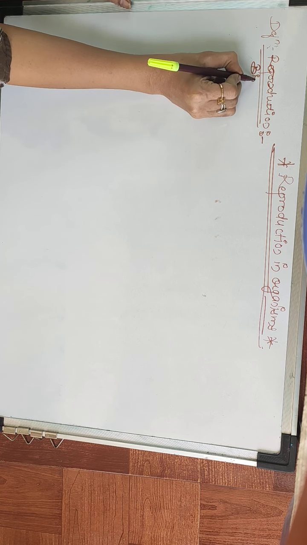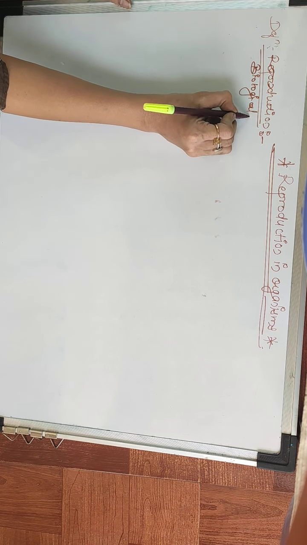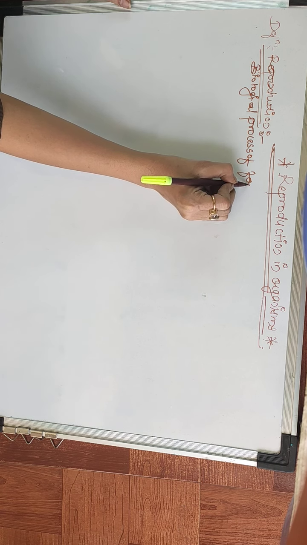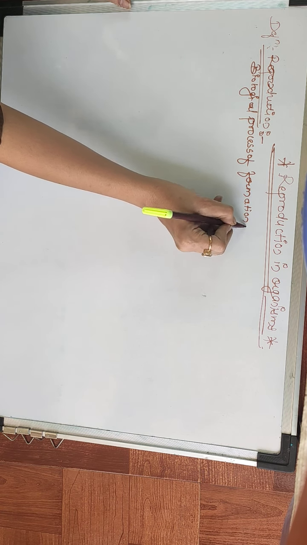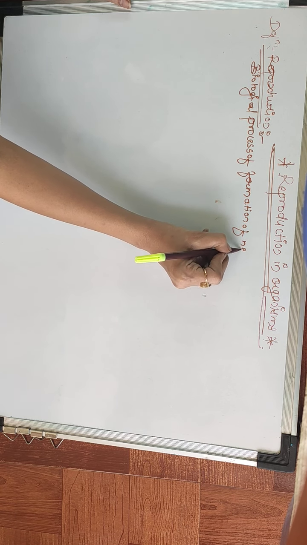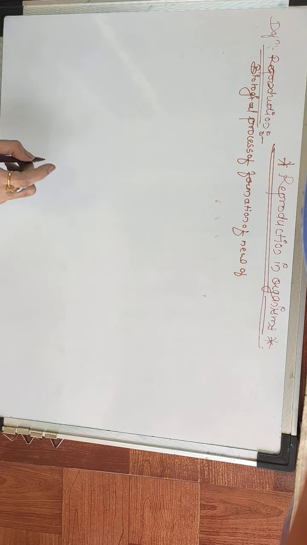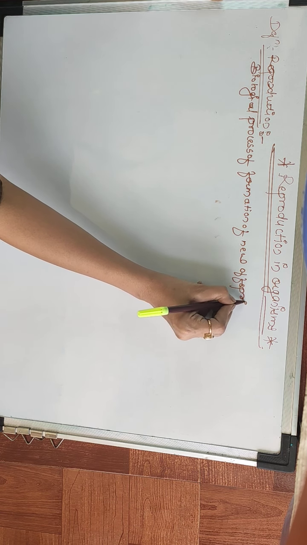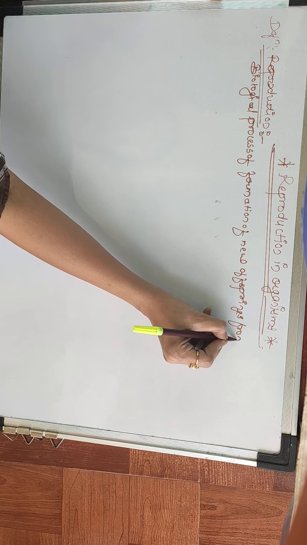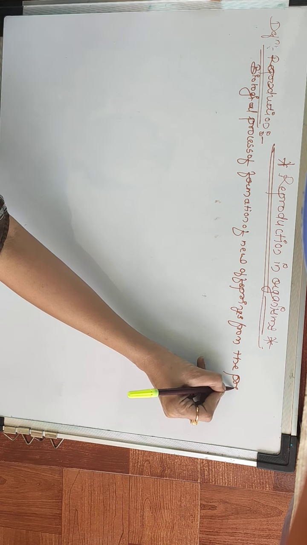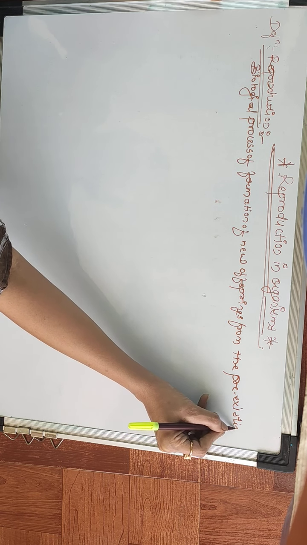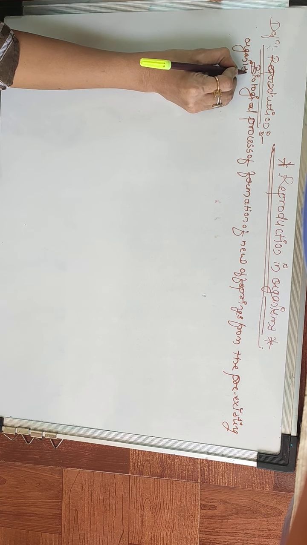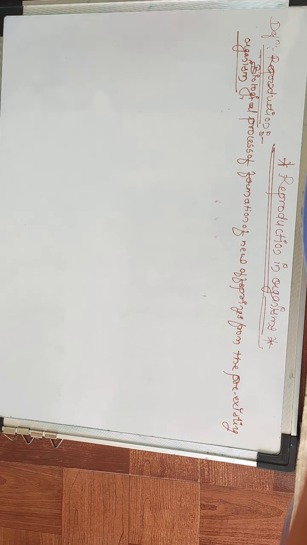It is a biological process of formation of new offspring from the pre-existing one, or pre-existing organism. Okay. This process is known as reproduction.